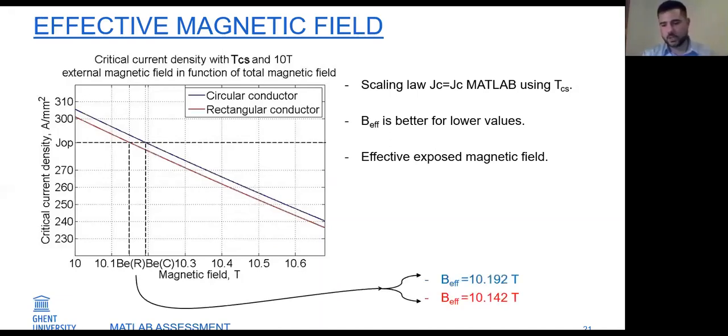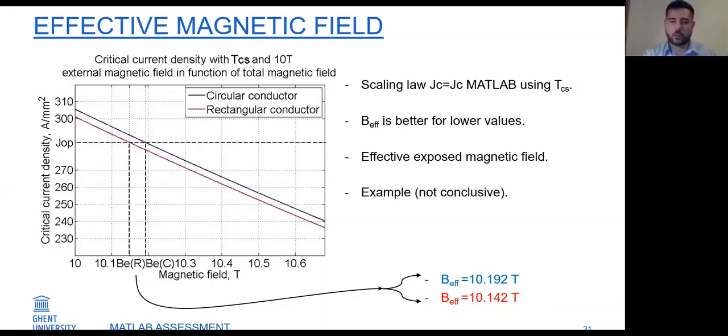So we see that the rectangular one feels less effect of the external magnetic field. So the effective magnetic field is lower, which is better because with lower external magnetic fields, we have larger limits for temperature and for current density.